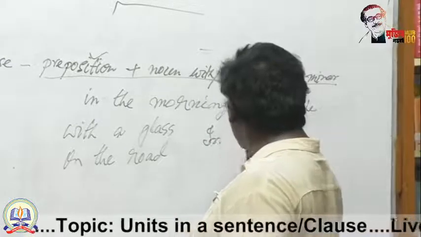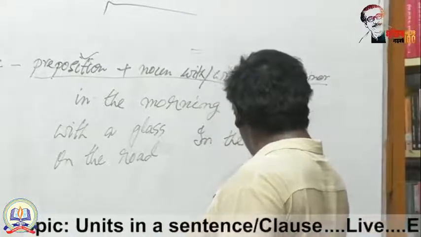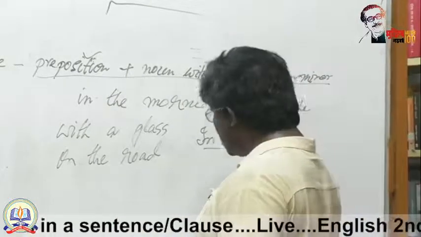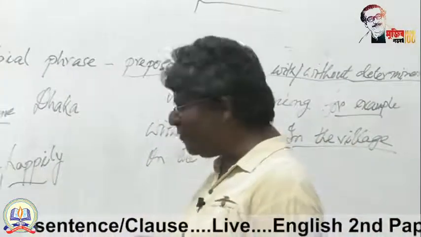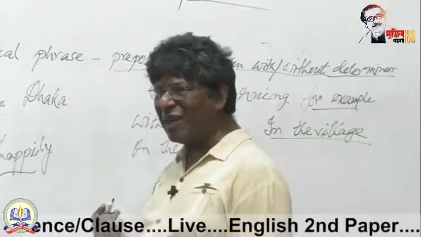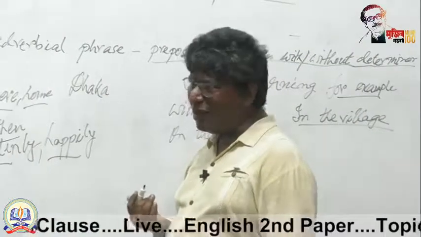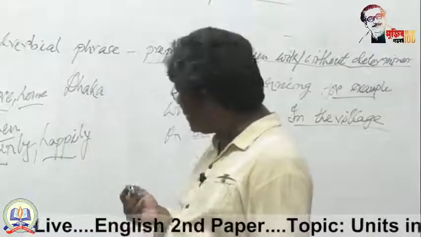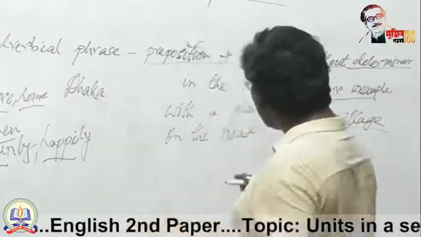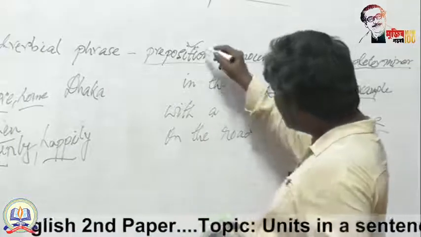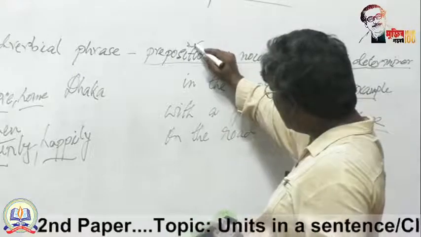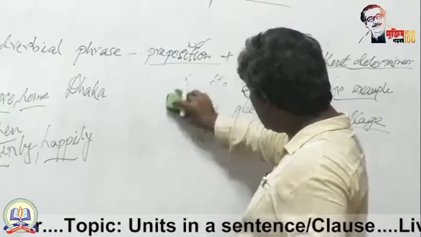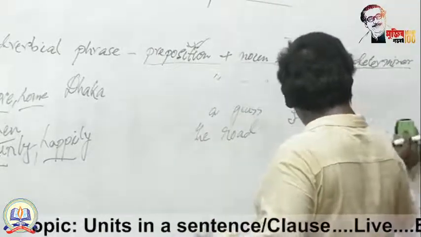You see, when we say I live there, there is an adverb. Similarly, when we say I live in this village, in this village is an adverbial. And once again I tell you, an adverbial phrase is always made by a preposition followed by a noun with or without determiners.